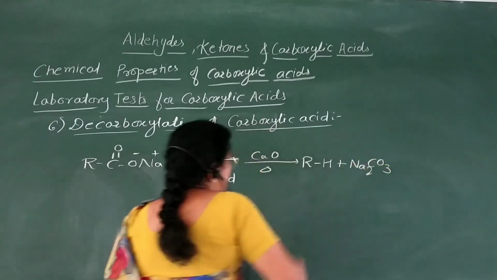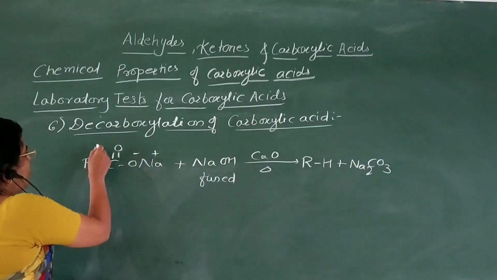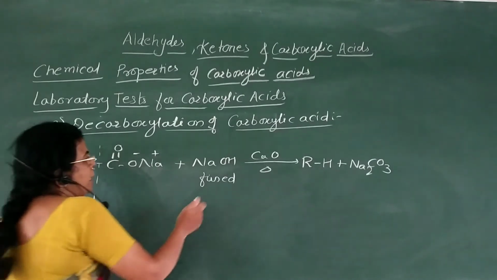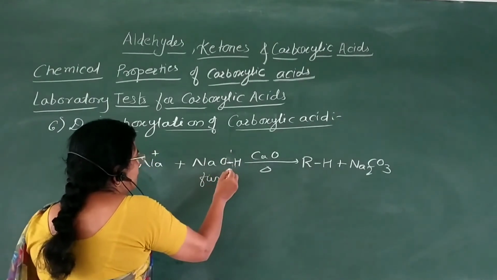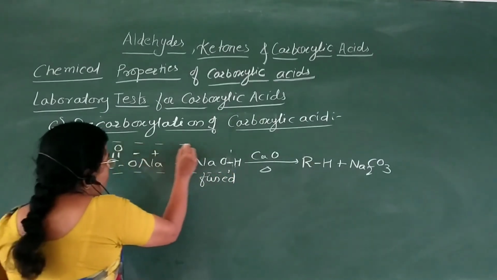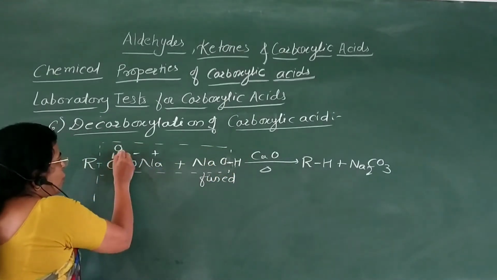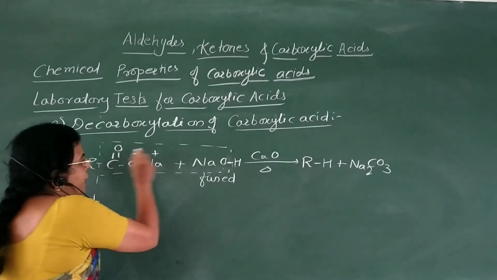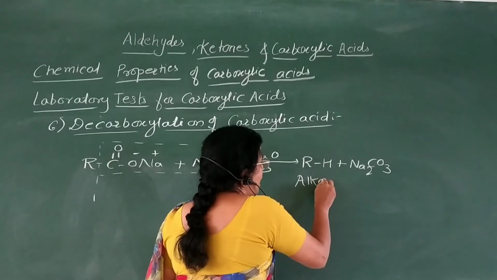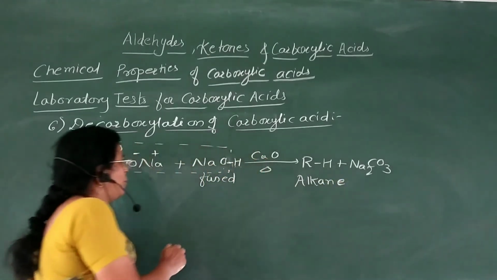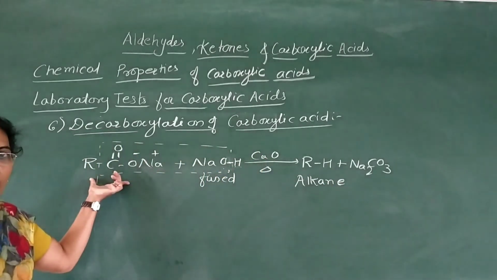Now look here how this reaction takes place. Here breaking of this bond takes place. Then breaking of this NaOH bond takes place like this, and this Na2CO3 is removed. Na2CO3 plus this R gets attached to this hydrogen atom, we will get an alkane having one carbon atom less than that of this sodium salt of carboxylic acid.